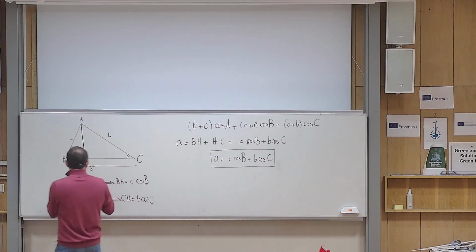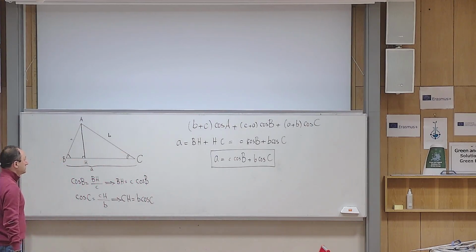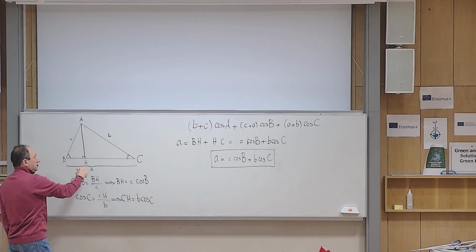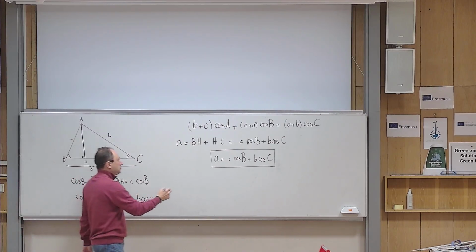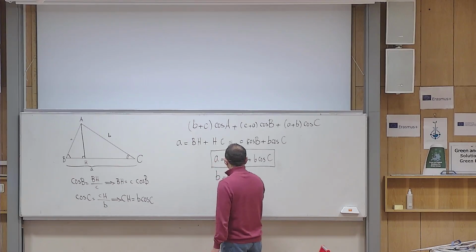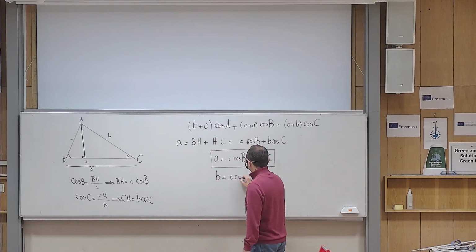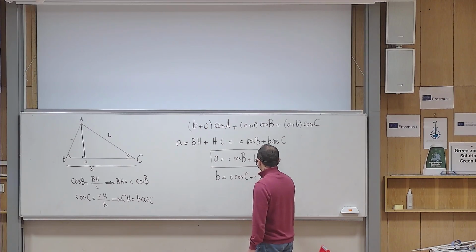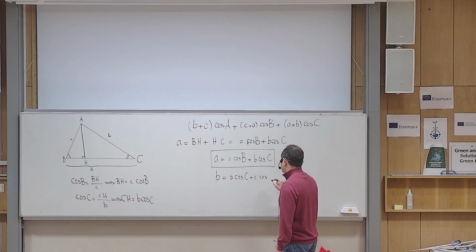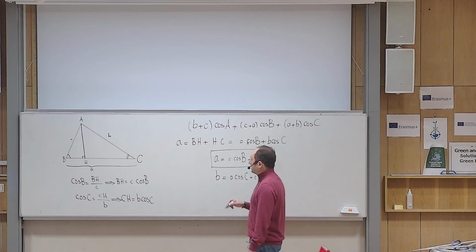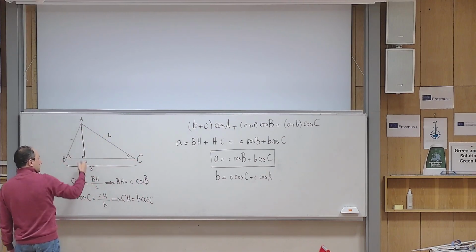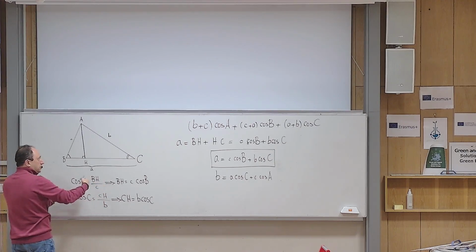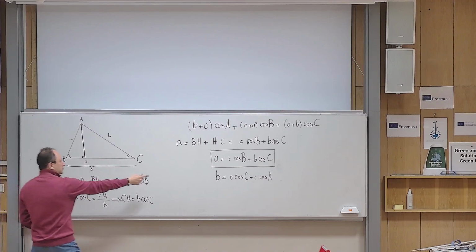I don't want to repeat this argument, but the argument will be similar. Instead of drawing this height, next I can draw this height and do a similar thing, and then find that b is equal to a cosine C plus c cosine A. When I draw this height, I can momentarily forget about this one and do the process on the right side, and I will get the second formula.